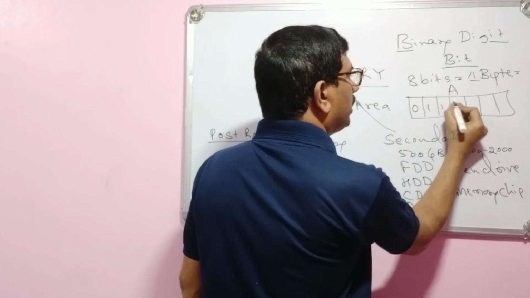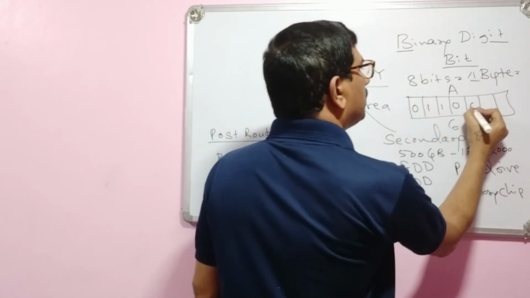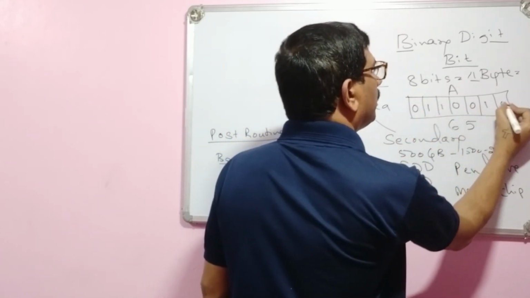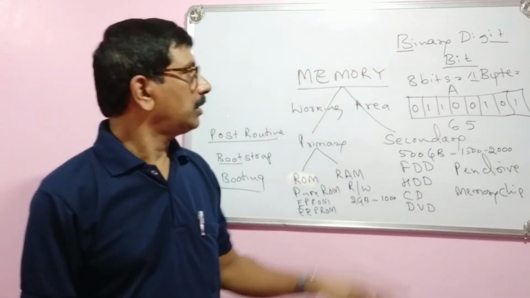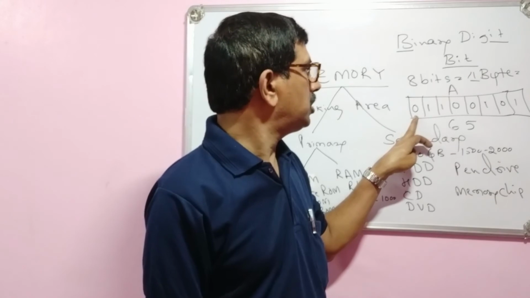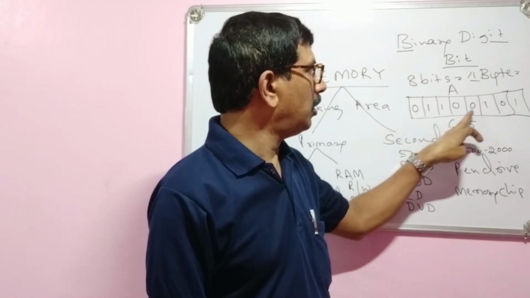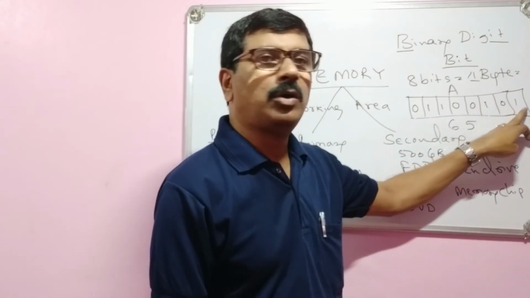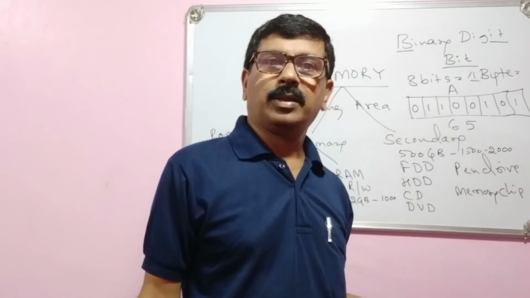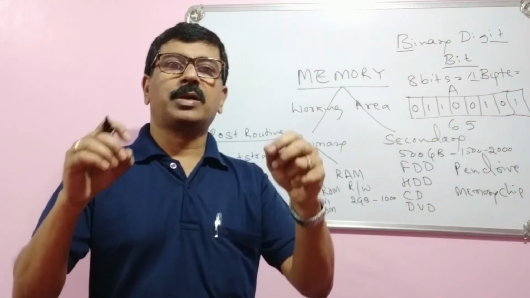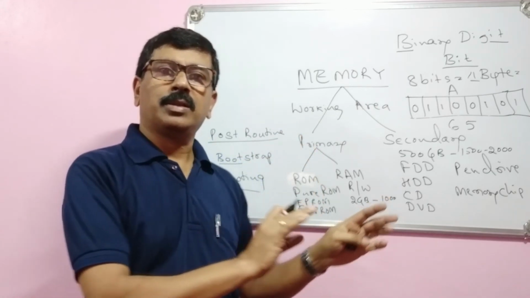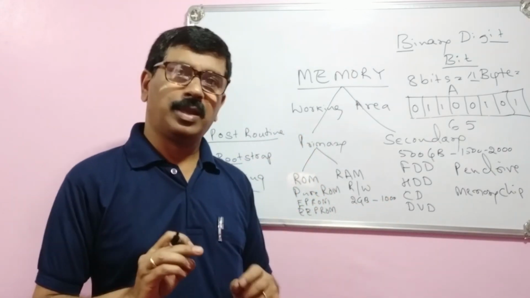Maybe 0110 is 6 and 0101 is 5. That means this switch is off, on, off, on, which means A. If this type of combination comes from the keyboard, the computer will assume there is A from the keyboard.